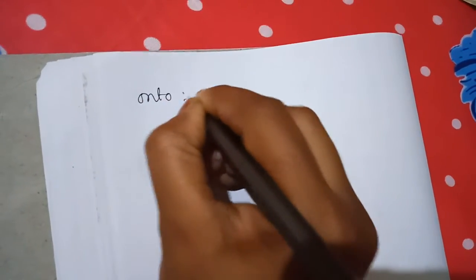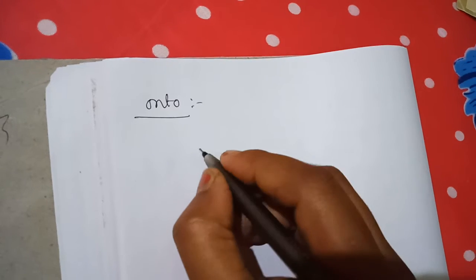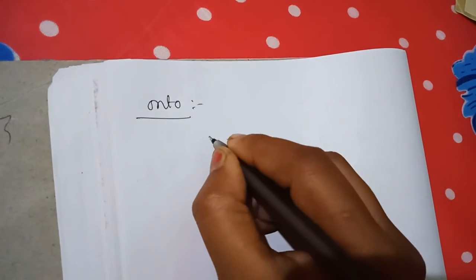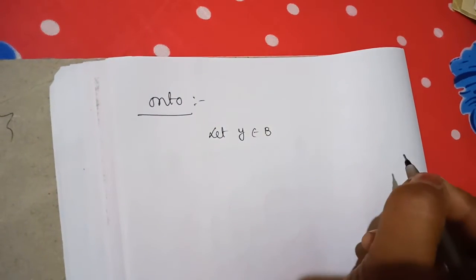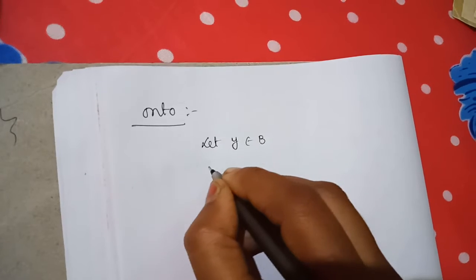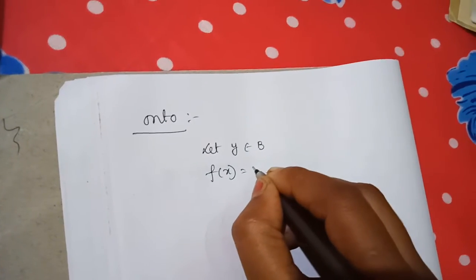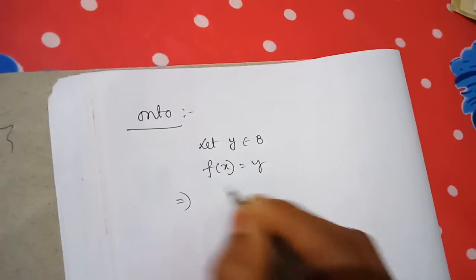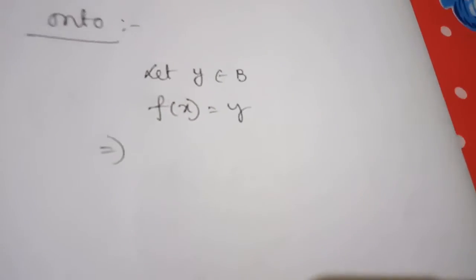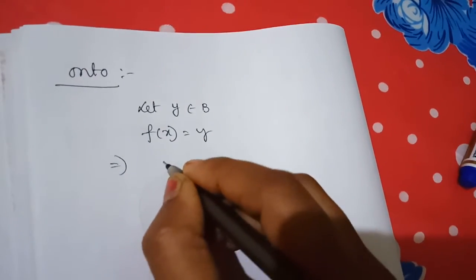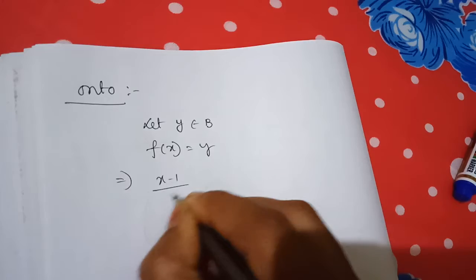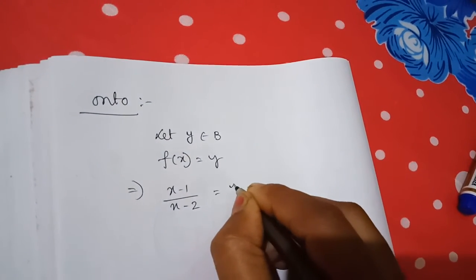Okay, now coming to its onto part. We will now be verifying whether it is onto or not. For that we will take any element from the second set, that is B. Then we will do like this: f(x) = y, that is (x - 1)/(x - 2) = y.